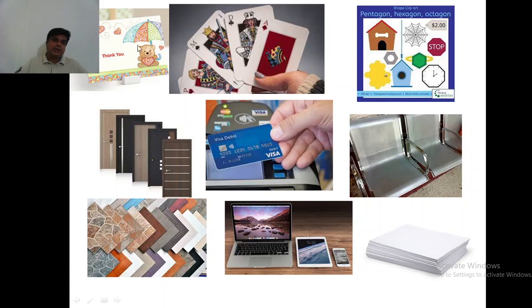Some planar objects are these cards: invitation cards, gift cards, playing cards. You also have doors, plywood laminate doors. They have length and breadth, and thickness is there, but it is negligible compared to the length and breadth of the object. Similarly, we have house tiles, and you can see the laptop screen.